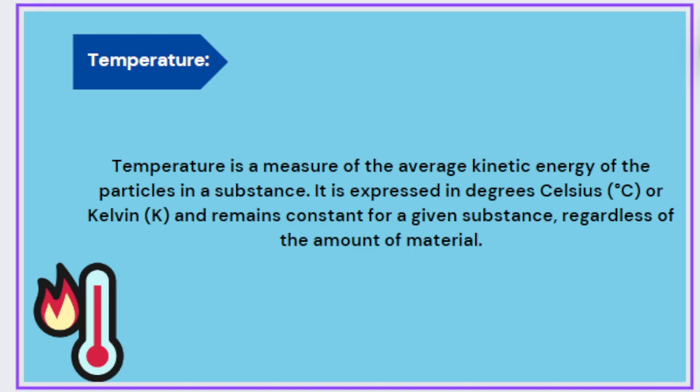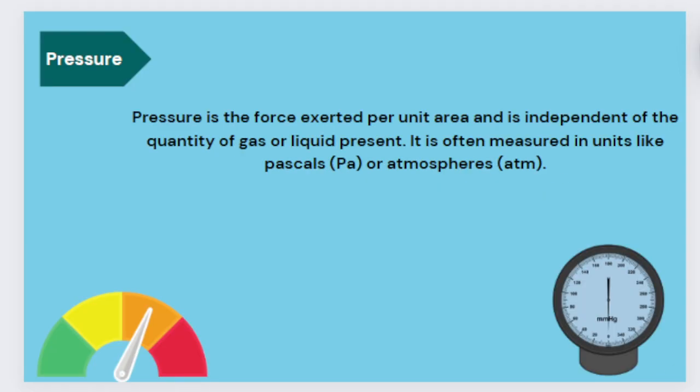Next example is pressure. Pressure is the force exerted per unit area and is independent of the quantity of gas or liquid present, and it is often measured in Pascal or atmosphere. So this is an intensive property, it doesn't depend on size or mass.